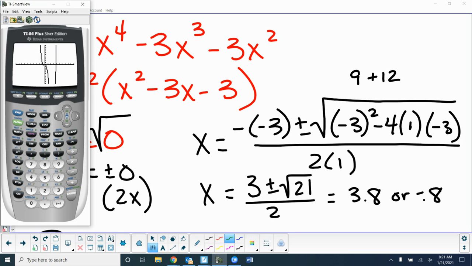So let me show you a little trick here. First of all, let's go to the table. One of the zeros is 0, right? The other ones you can't see. But you know it's between -1 and 0 and between 3 and 4 by looking at it. Okay? Do I have 3 and 4?